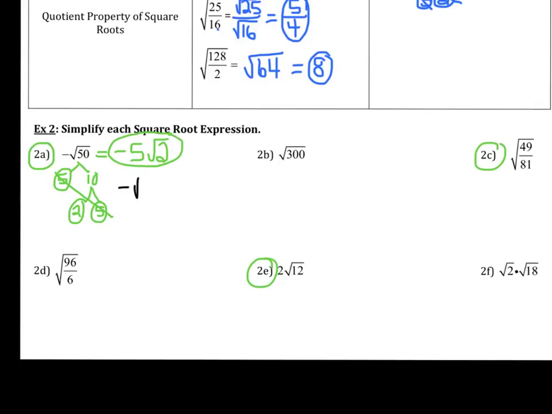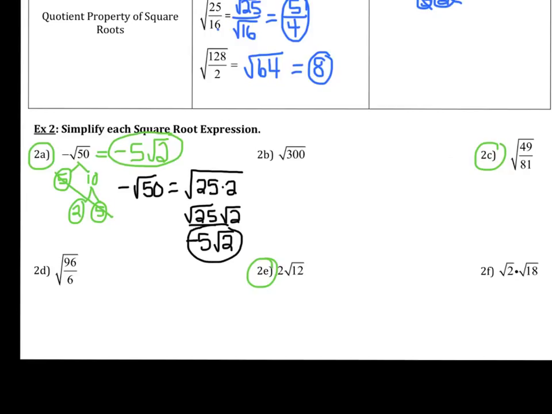How could we do that using perfect squares? Well, what's a perfect square that goes into 50? The biggest one that goes into 50 is 25. 25 times 2 is 50. So we'll square root 25, square root 2. We know the square root of 25 is 5, and we cannot simplify the square root of 2.